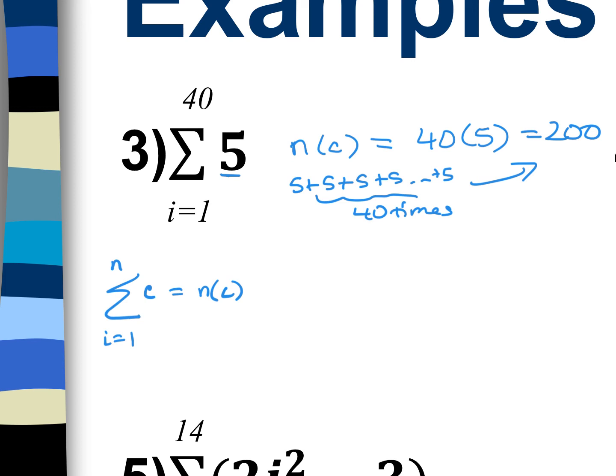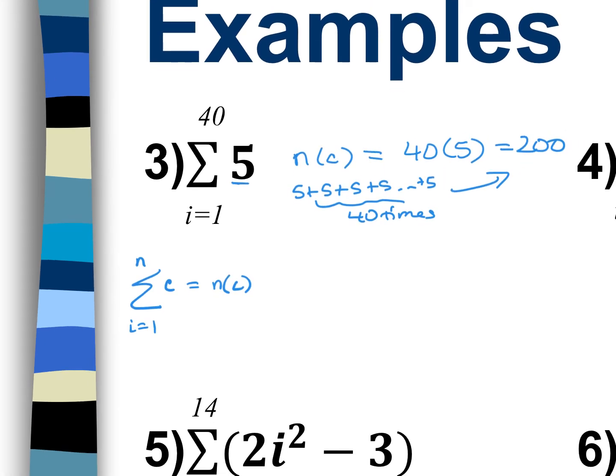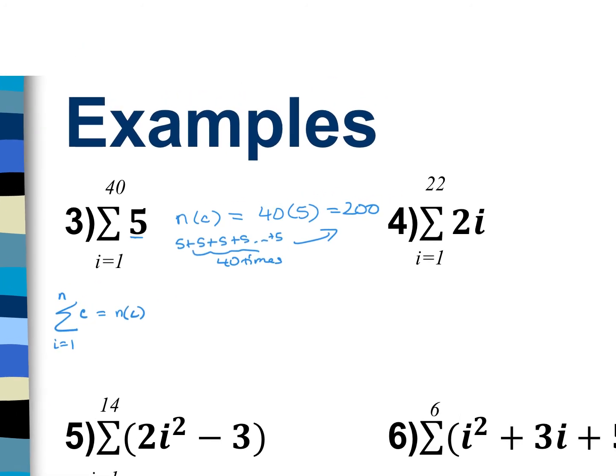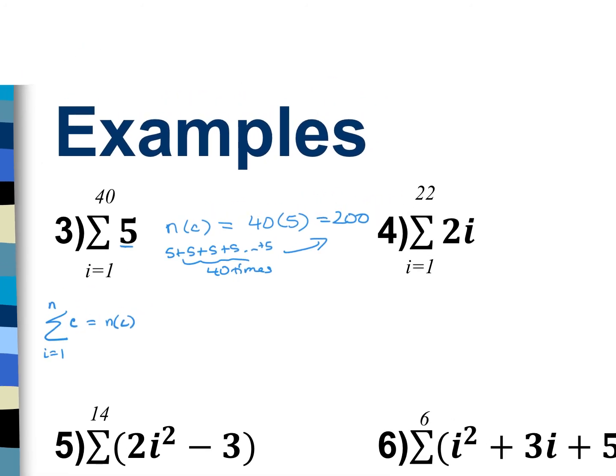The next one has a constant, and I'm going to use the summation rule for i. So this one I'm going to use the property of when it's the constant times i. I'm using this rule, sum from i equals 1 to n of c times i, and I break it apart.